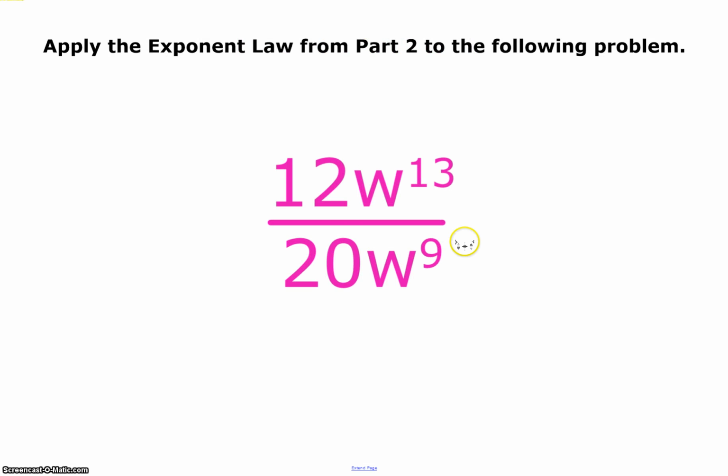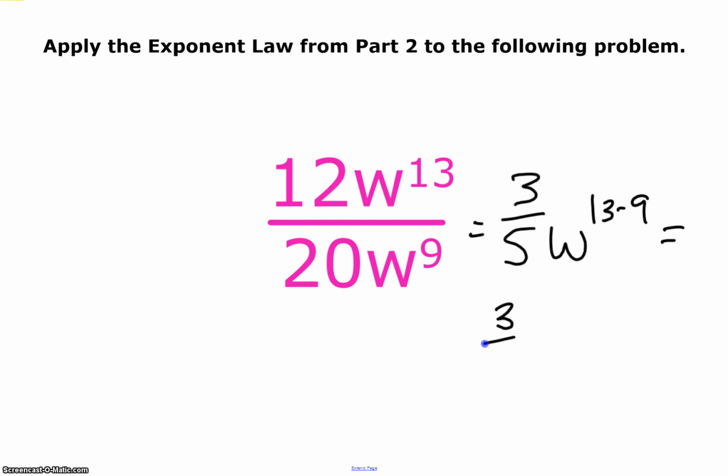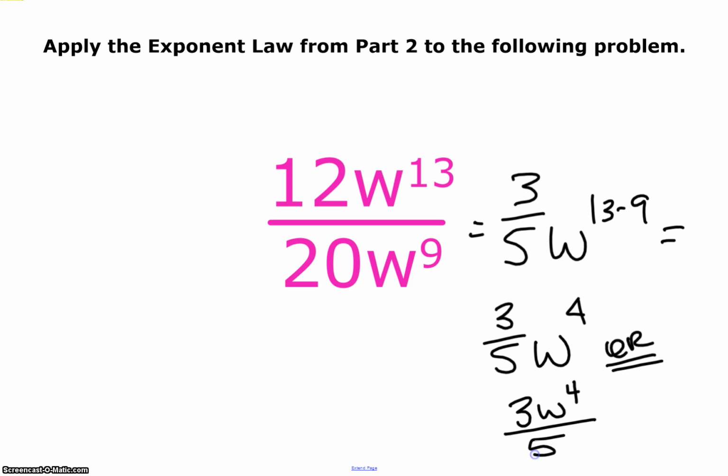So we're going to have 3 over 5 W, 13 minus 9, so that equals 3/5 W to the 4th power, or 3W to the 4th divided by 5. Both of those are acceptable answers.